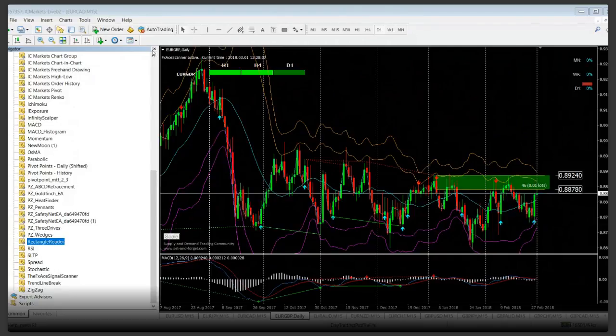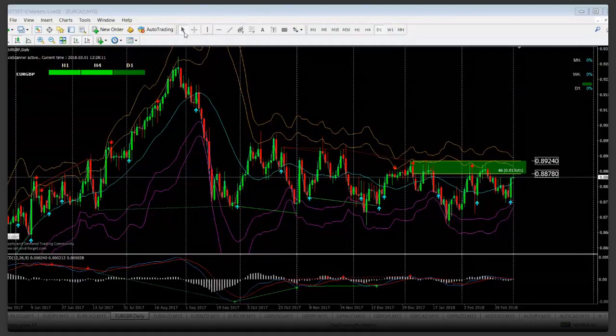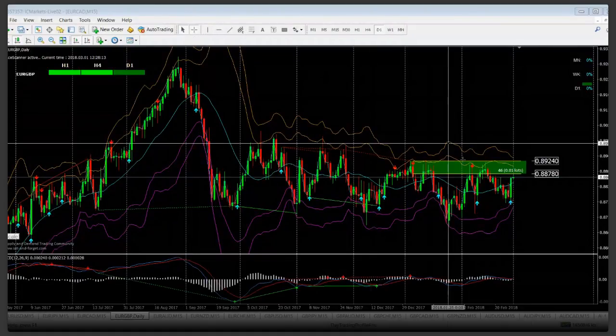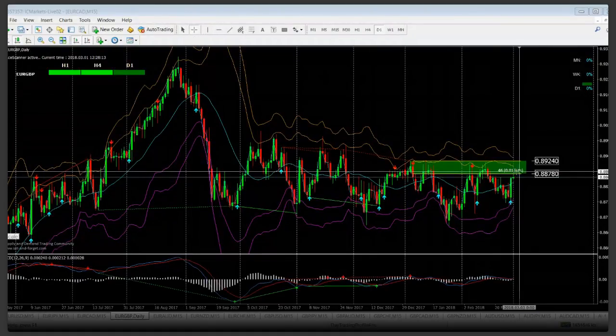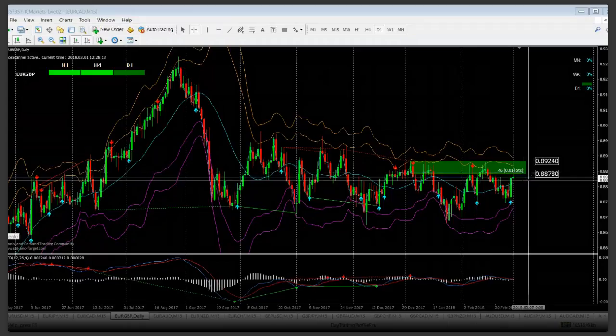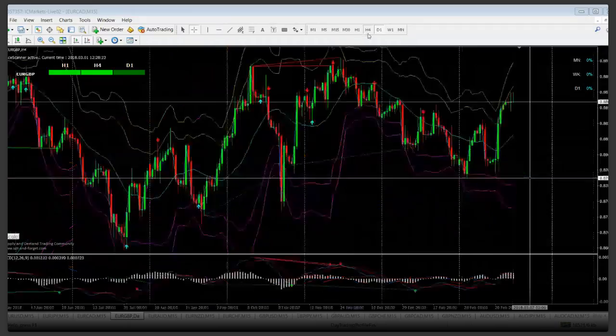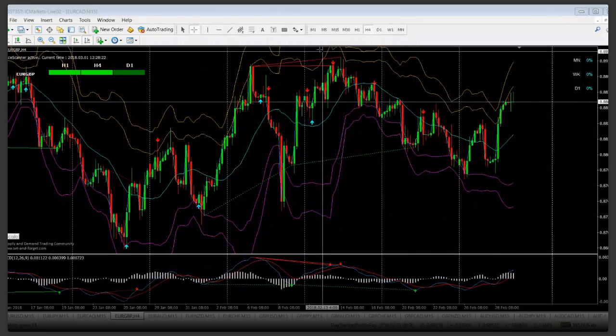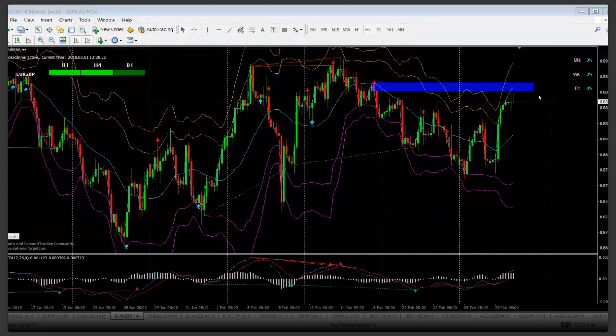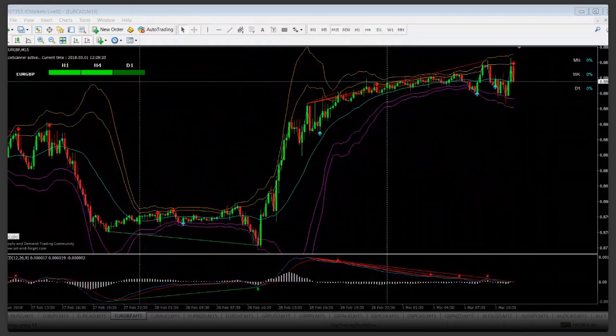The euro coming into that area. It's 15 pips. 4-hour zone there, untested. First time hit it there. Let's see if that stays.